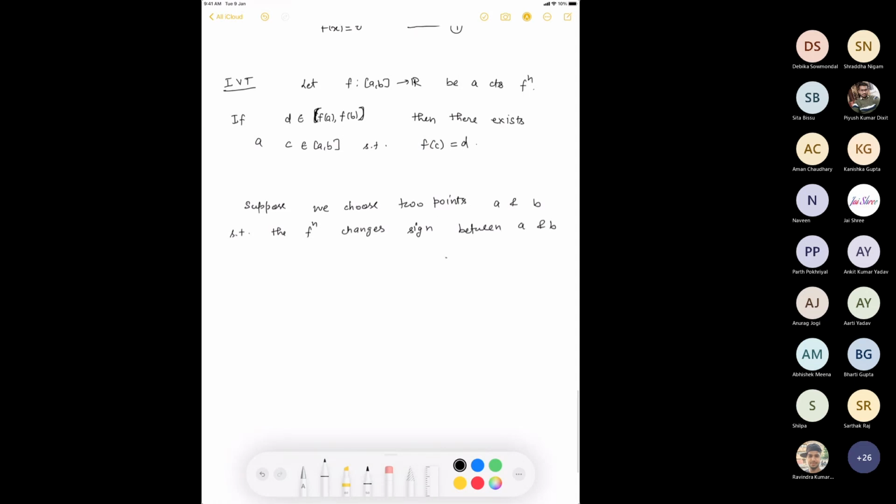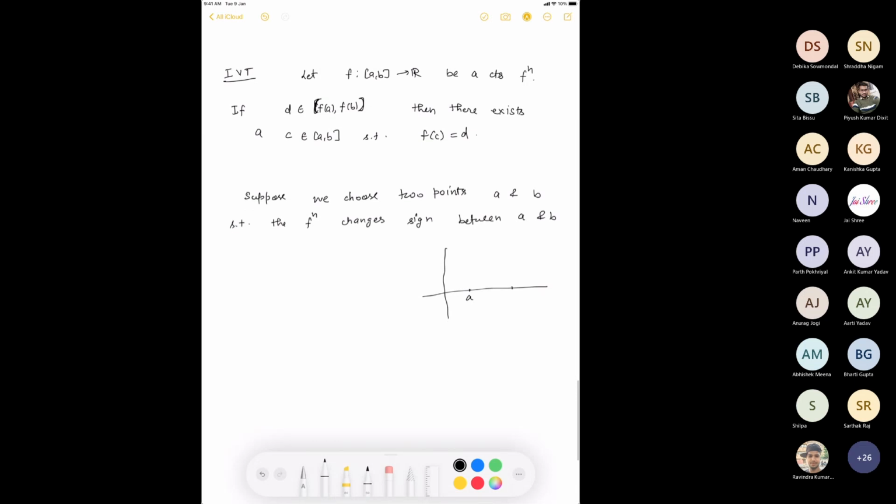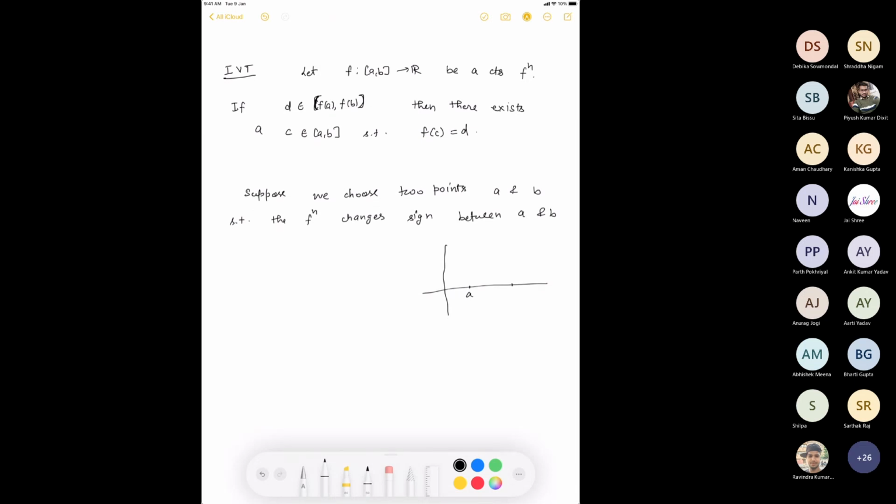Meaning I have the 0 between a and b. As a consequence of the intermediate value theorem, there will exist a point where the function is 0. Suppose f(a) is negative and f(b) is positive. We know that since f is a continuous function, there will be a point where it takes the value 0.